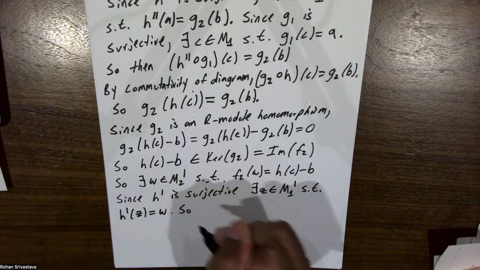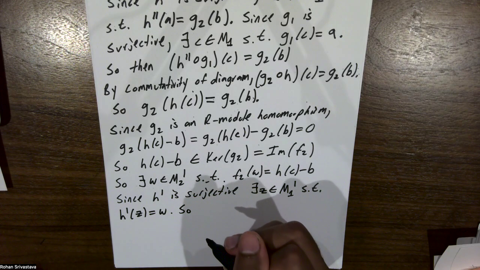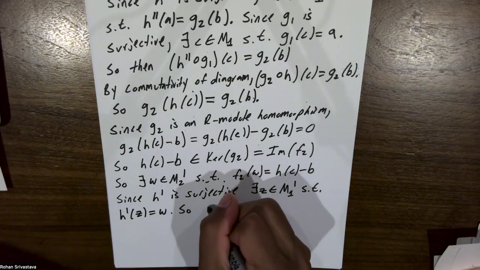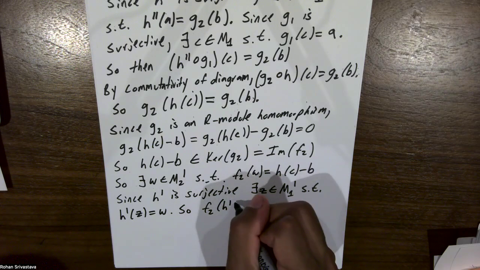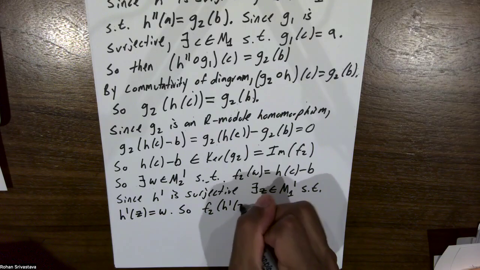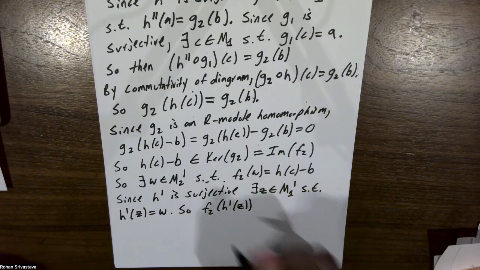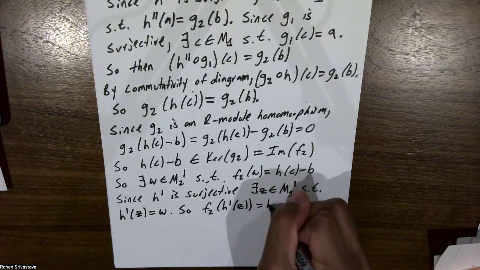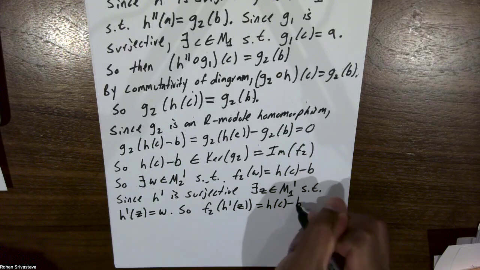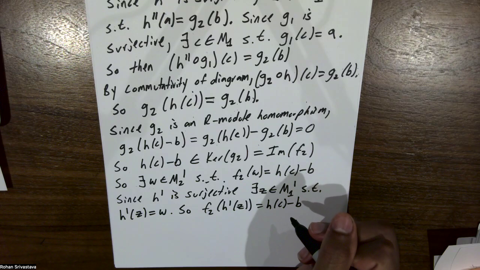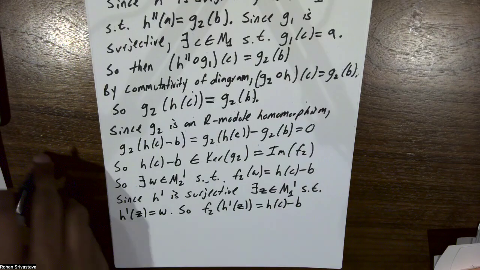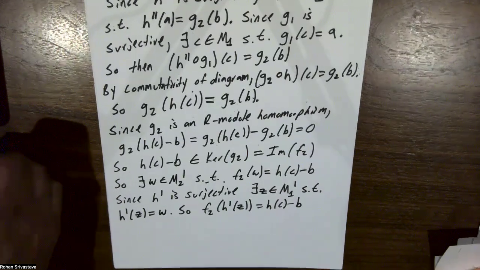So all in all, what do we have? We have that F2 of H prime of Z. Well, H prime of Z is W, and F2 of W is H of C minus B. Okay, and then we're going to appeal to the commutativity one more time.